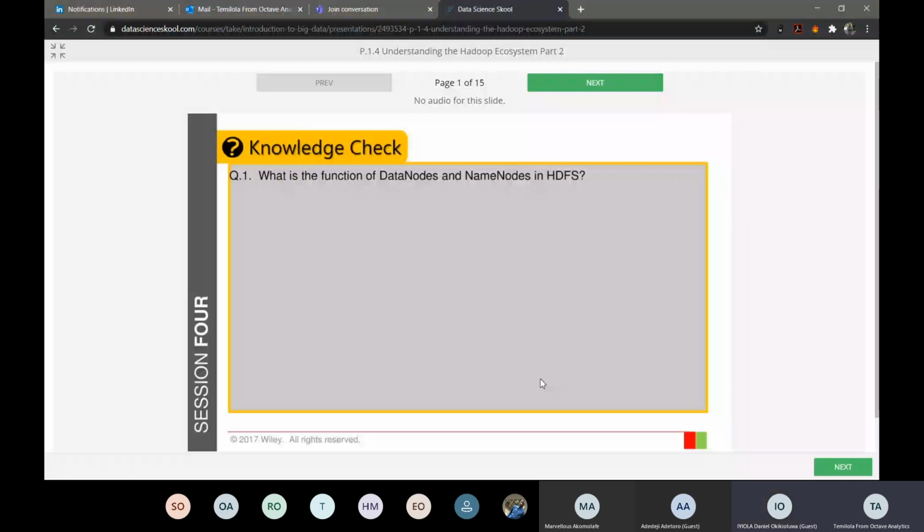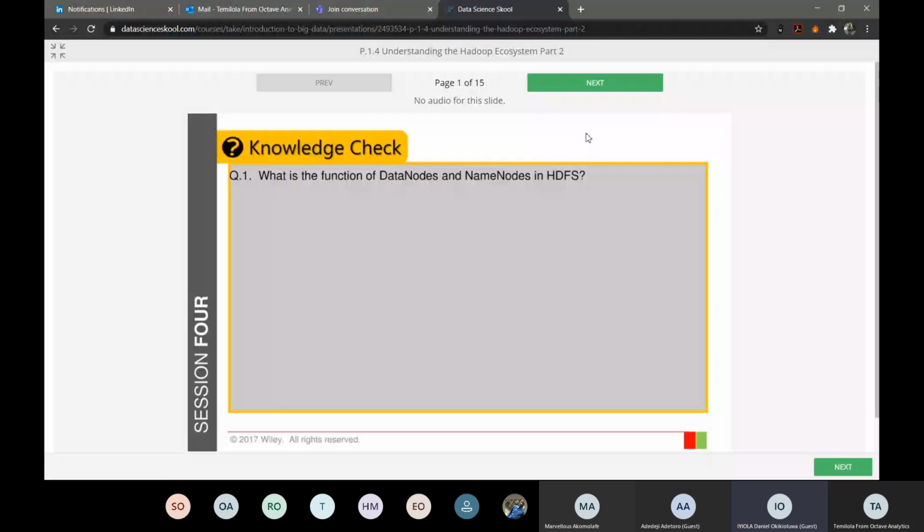To put it simply, data nodes are where your data is stored. The name node is like the administrator. It stores metadata for the data that is stored in the data nodes.